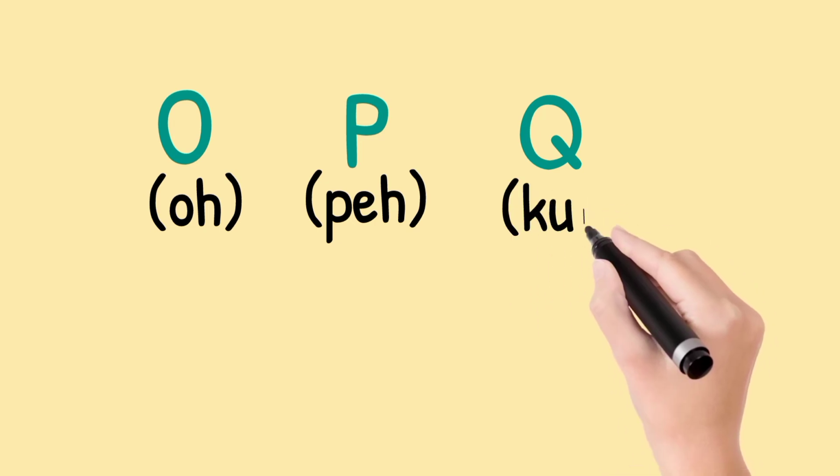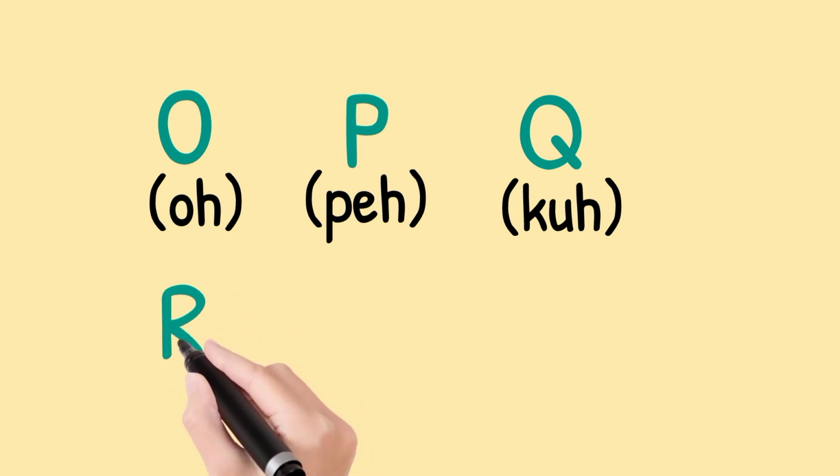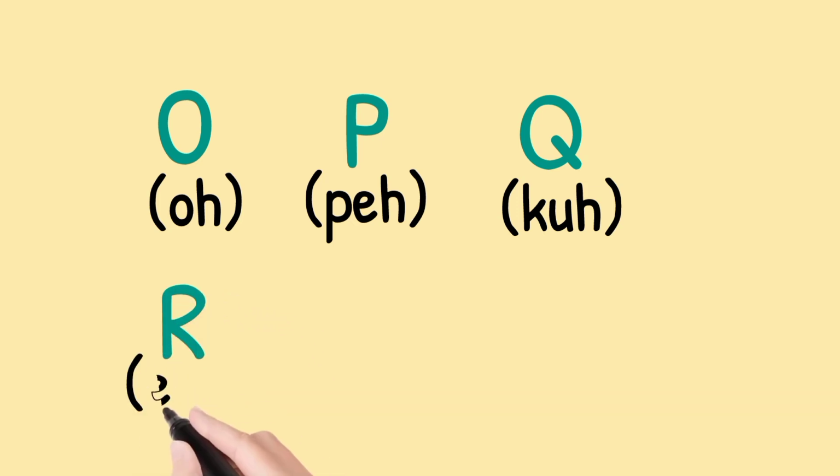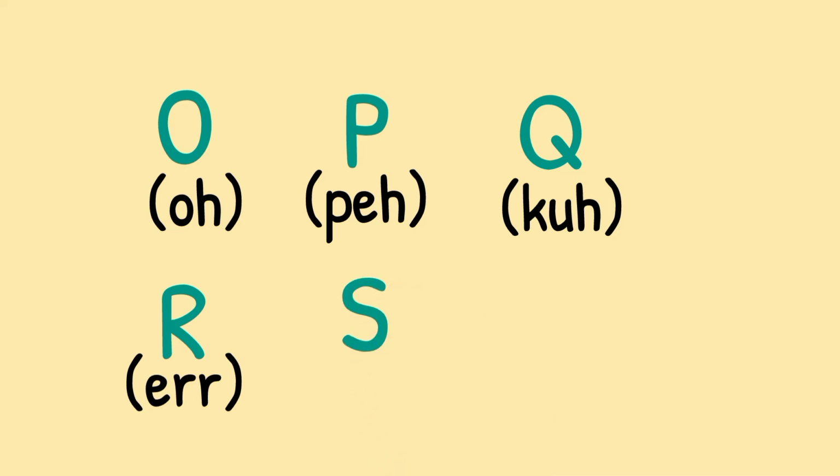The next one is Q. In English it is Q, but in German it will be different. Let's learn the next letter. It is R. In English it is R, but in German it is different. So you also have to learn the pronunciation by speaking, and also you have to know how to write them.